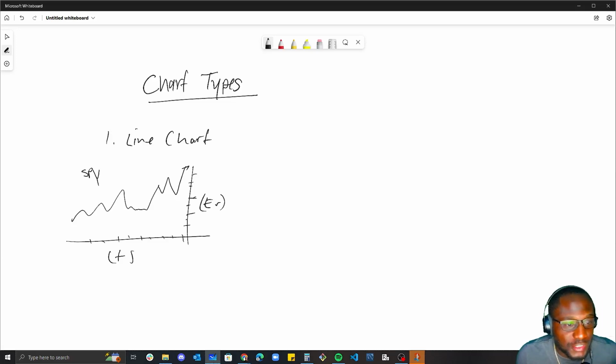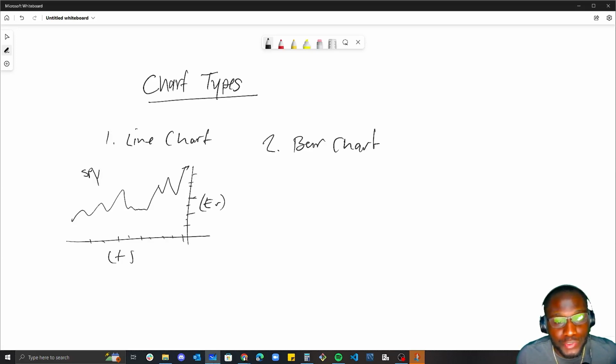But this is a line chart. It's a real simple chart. It's basically the closing price. That's where the line reads. So yeah, real simple. The second chart type is the bar chart.